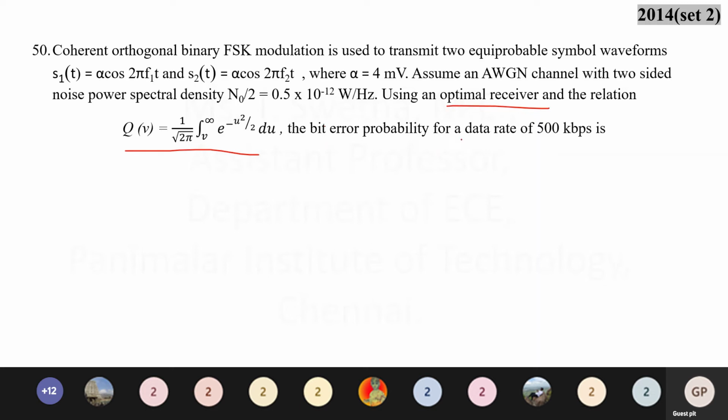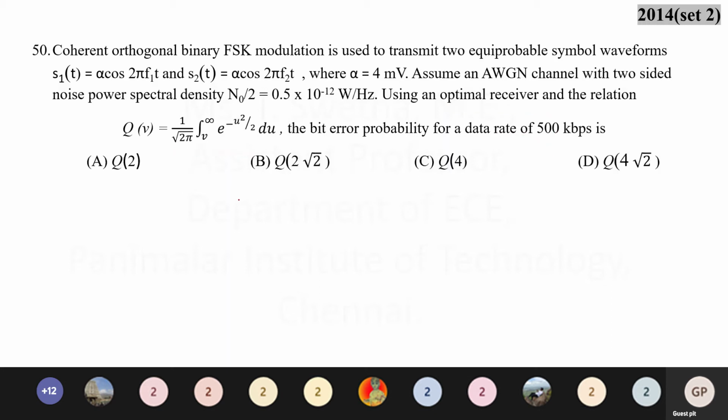The bit rate RB is also given, that is 500 kbps. Out of this we have to find which option is correct. Actually they are asking for the bit error probability.